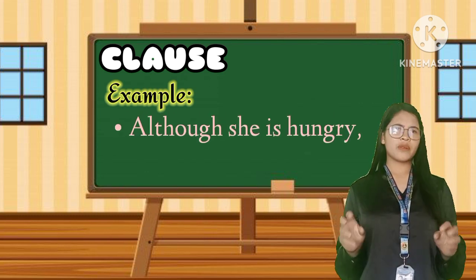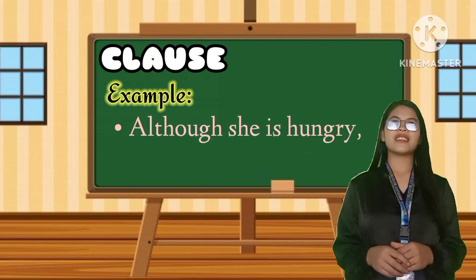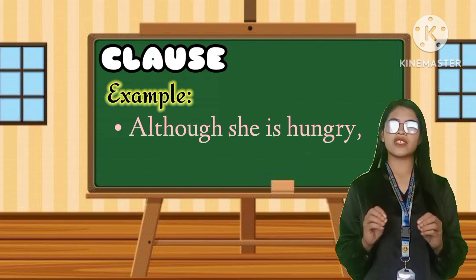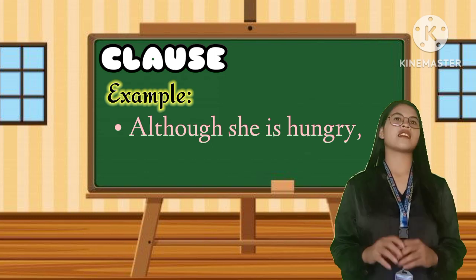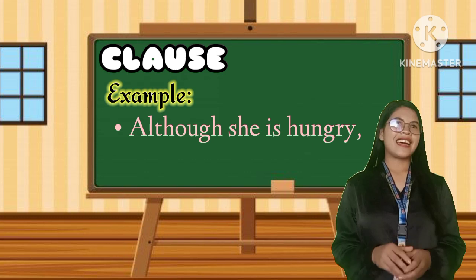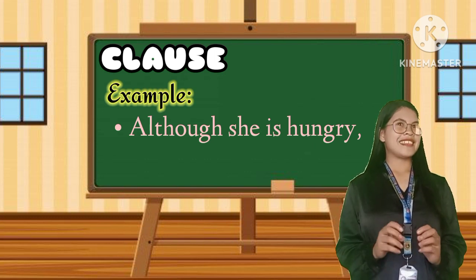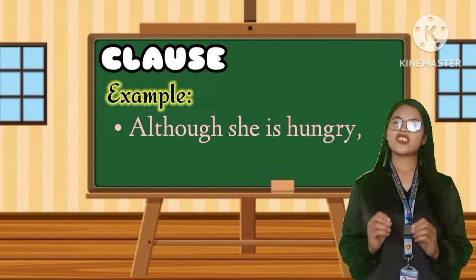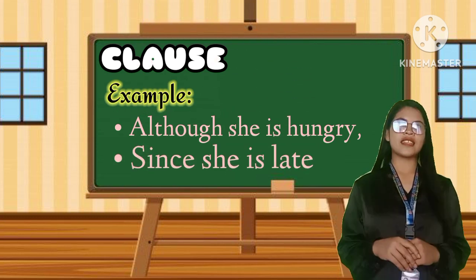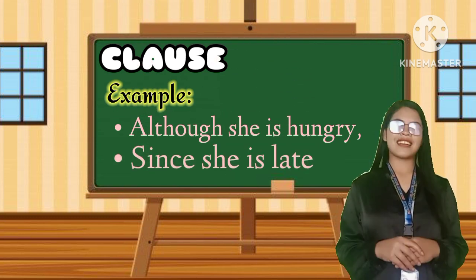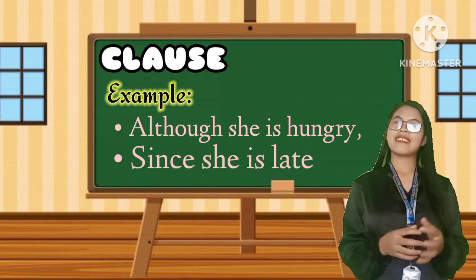From this example, we can conclude that the clause cannot stand on its own. Now, can I have one example from you, Mr. Louie? Yes, since she is late. That's your example, and that's exactly correct, Mr. Louie. Thank you.